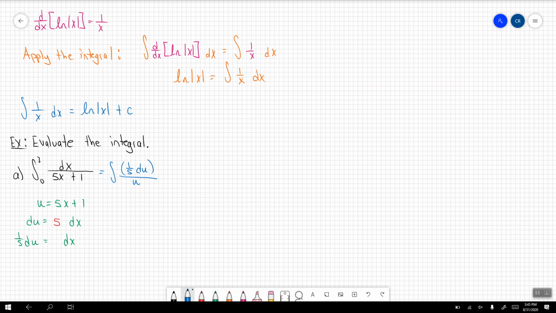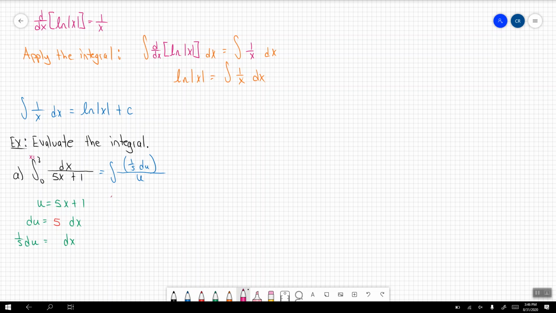Now I'm going to change my limits of integration. Sorry, I'm fixing that numerator. There we are. So now changing my limits of integration, I'm going to look at my top number, which is x is equal to 3.